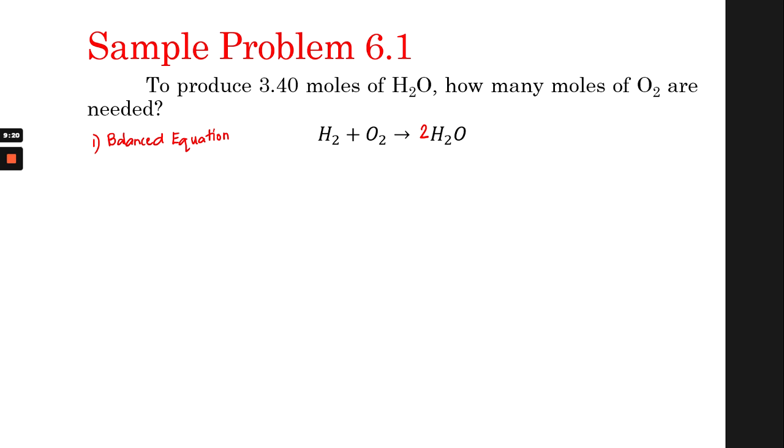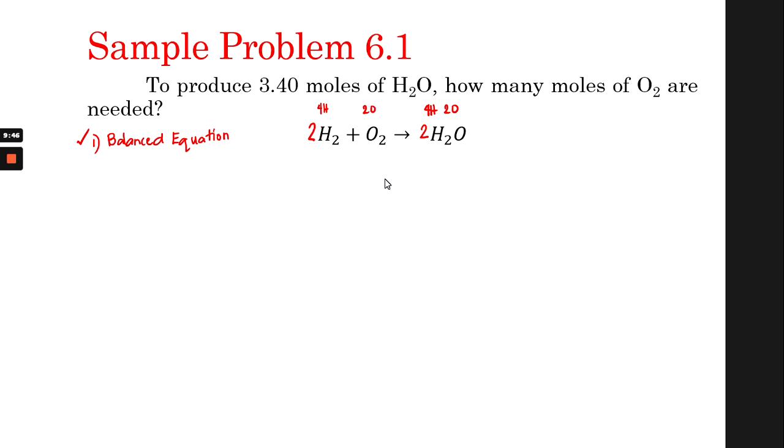So to balance this, we just have to add another 2 in front of the hydrogen in our reactant. So in this scenario, we have 4 hydrogens and 2 oxygens in our reactant, and the same thing, 4 hydrogens and 2 oxygens in our product. So this way our equation is now balanced. So the first thing that we have to do again is balance the equation.